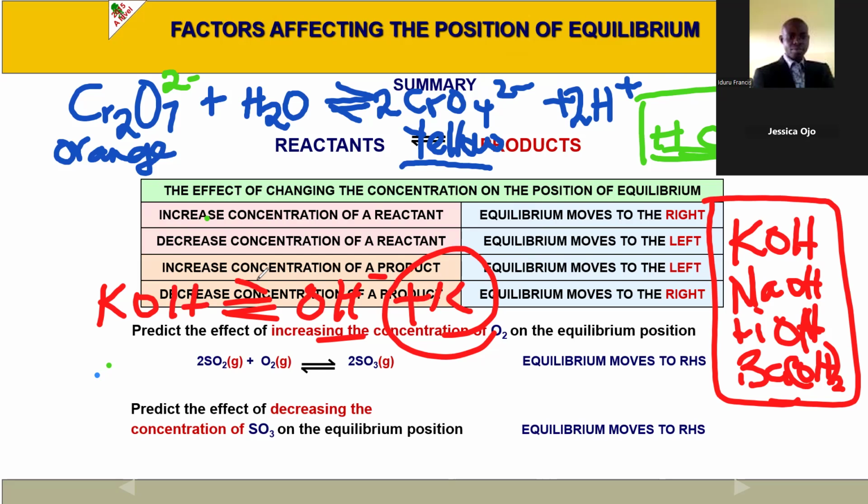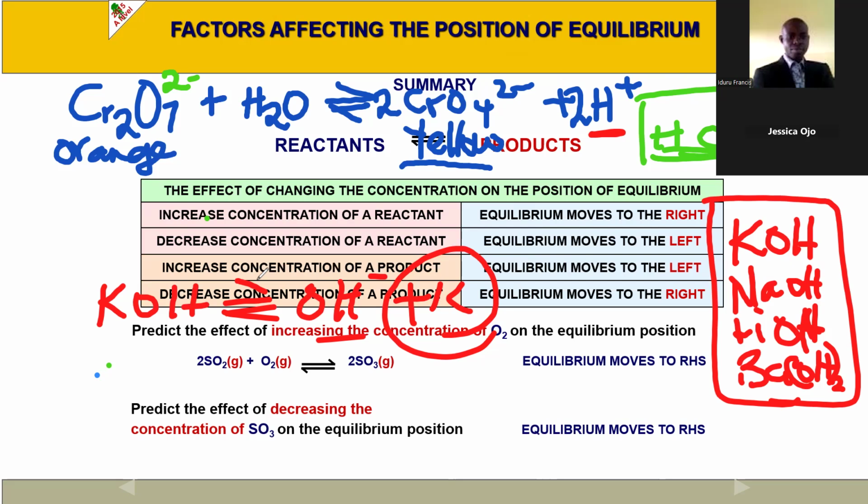It will not react with Cr2O7 2-. It will not react with CrO4 2-. It will react with H+. The OH- reacts with H+ to form water. So it will remove H+ and decrease the concentration of the product.